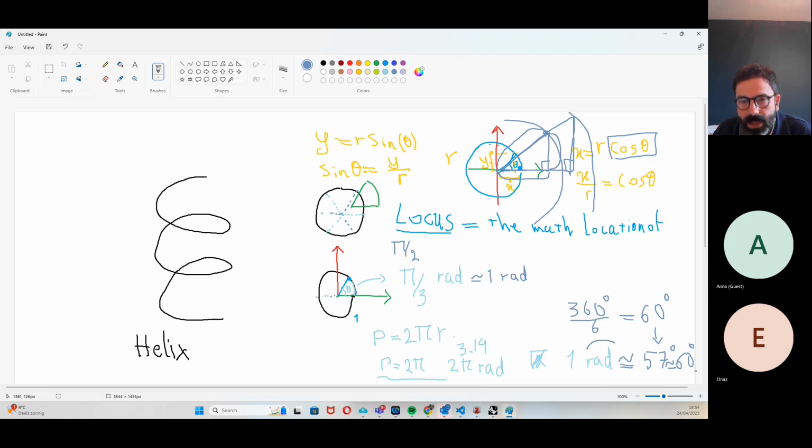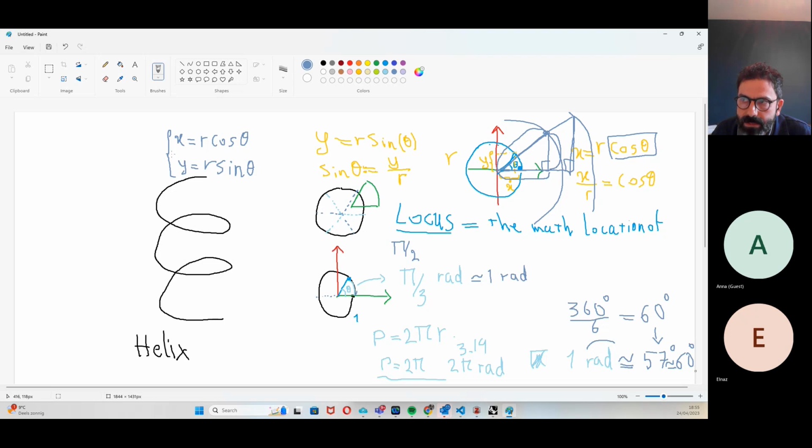Okay, so sine and cosine, we know what they are, but the question is, can we use this differently? Can we say that the circle can be defined as the locus of points for the angle theta, right?